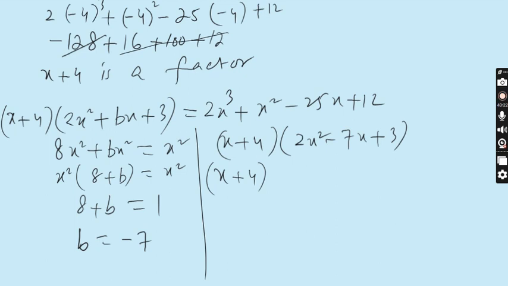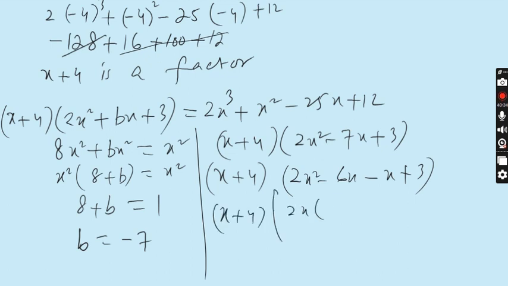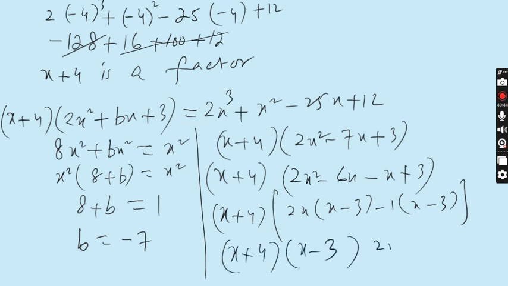So 3 2s are 6, 6 1s are 6, so it is 2x square minus 6x minus x plus 3. Taking 2x common, x minus 3, minus 1 common, x minus 3. x plus 4, x minus 3, 2x minus 1. Obviously this is equal to y.